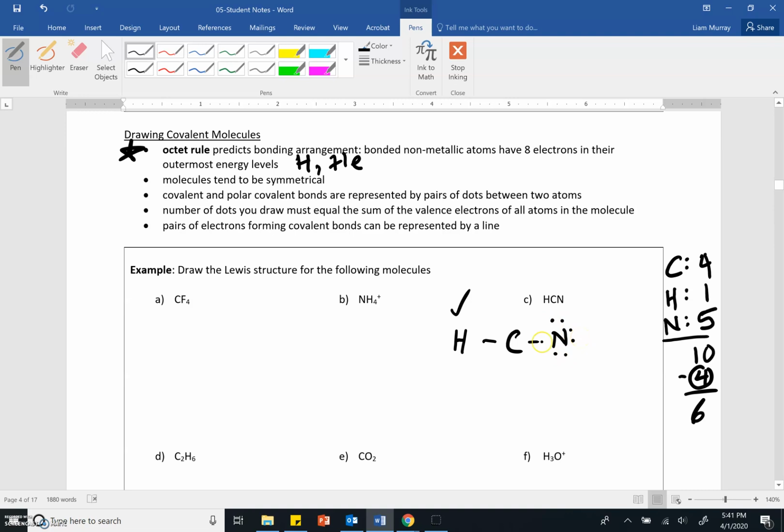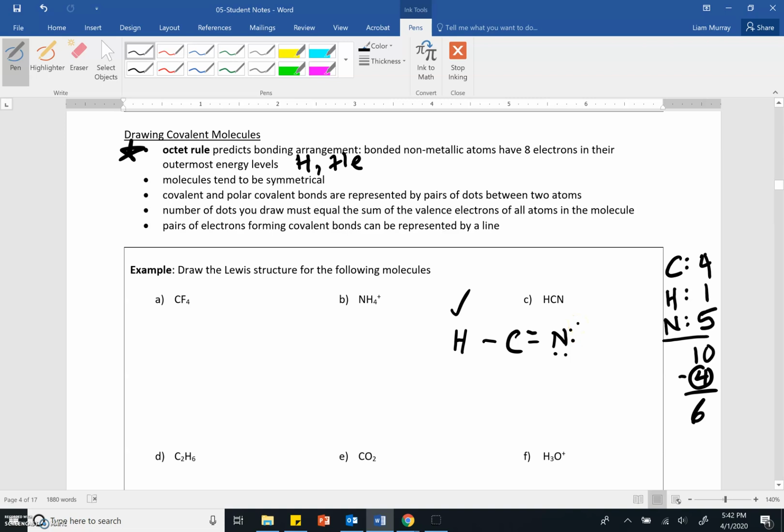So now nitrogen has got 2, 4, 6, 8, so it is happy, but carbon still only has 4, so it's not happy. So we're going to move these 2 valence electrons down here to create a double bond with carbon. So now carbon has got 2, 4, 6, getting there to that stable octet, and nitrogen has got 2, 4, 6, 8.